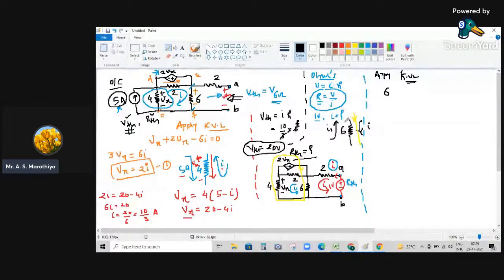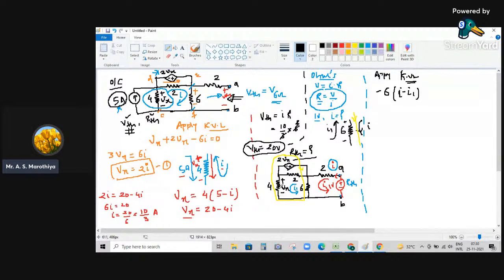So this is going to be plus and this is going to be minus. In this case, I'm going to experience a voltage drop. So this is going to be minus 6 into (I minus I1). I hope this is clear to everyone.